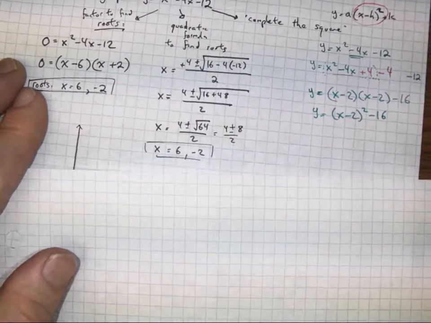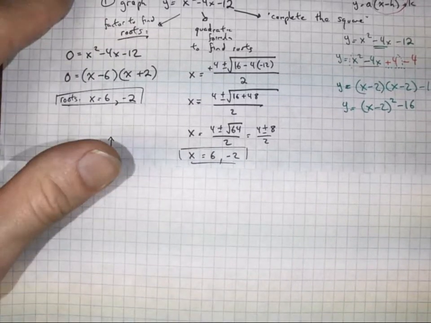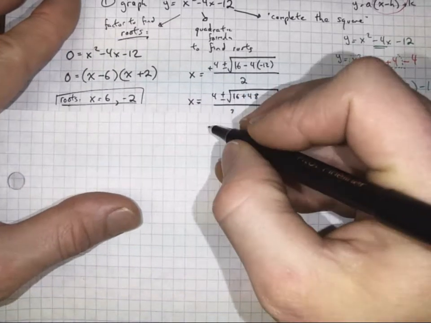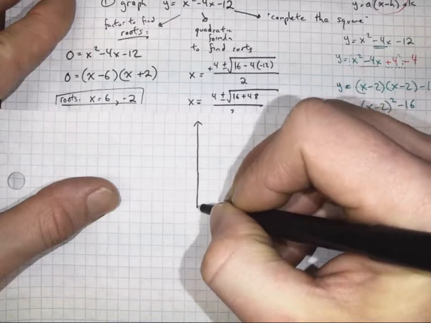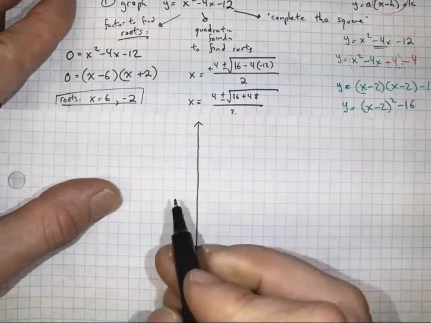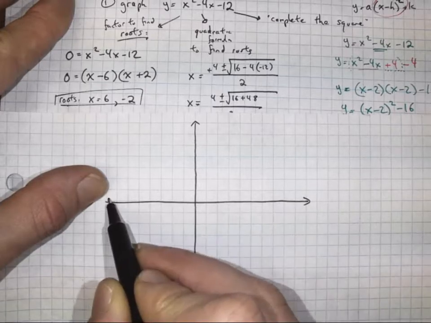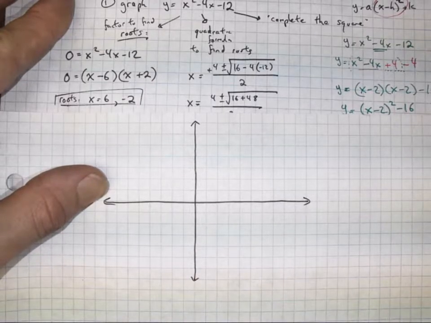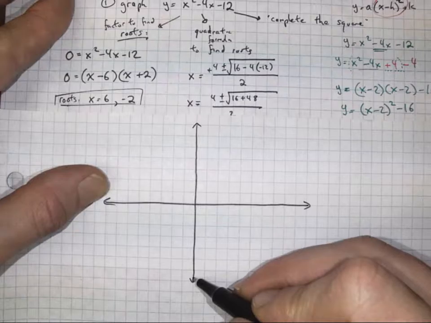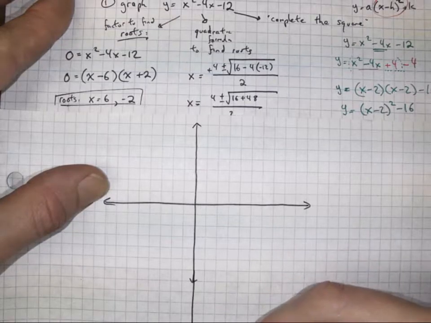All right. So we've got these roots at 6 and negative 2. And actually, I'm going to have a nice long y-axis.